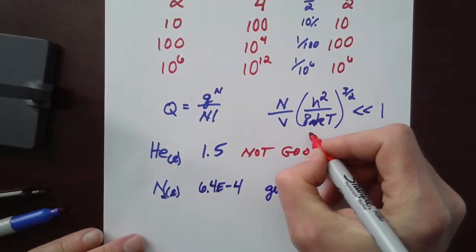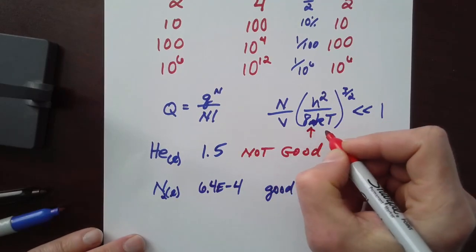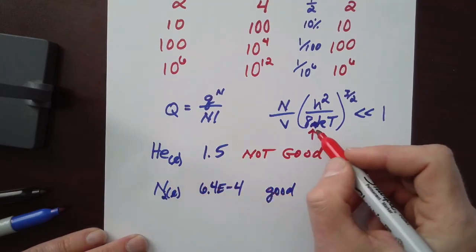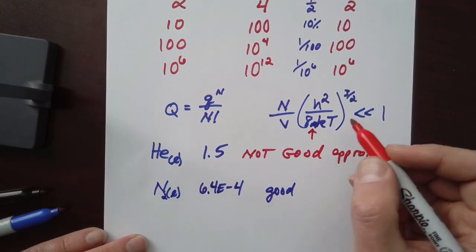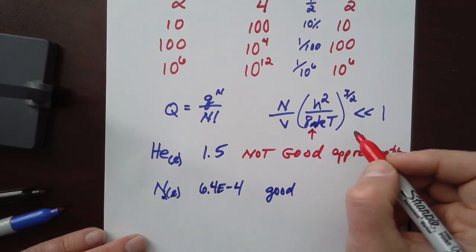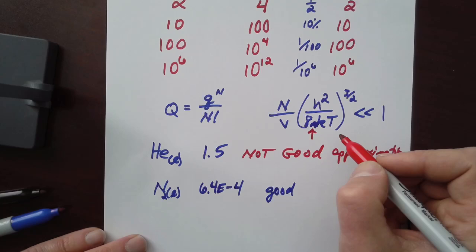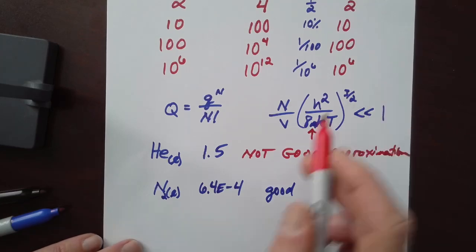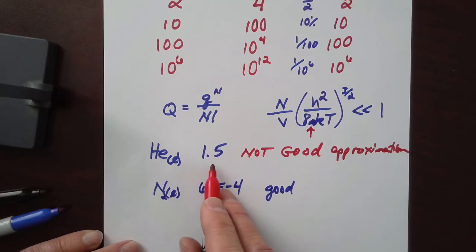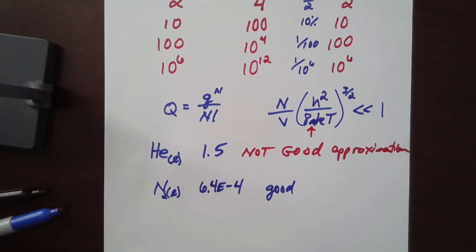M is downstairs, so it favors heavy things; nitrogen is a lot heavier than helium. It also favors high temperatures. Liquid helium is 4 Kelvin and lightweight, so it's just bad. If you've got gaseous helium, then you're in good shape for using this approximation.